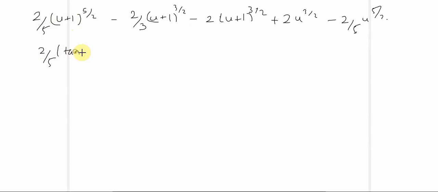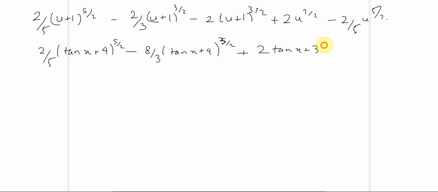This will be 2 by 5 tan x plus 4 power 5 by 2, minus 8 by 3 tan x plus 4 power 3 by 2, and then we have 2 tan x plus 3 power 3 by 2, minus 2 by 5 tan x plus 3 power 5 by 2.